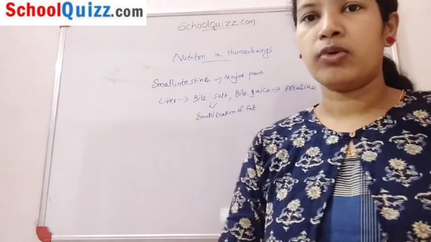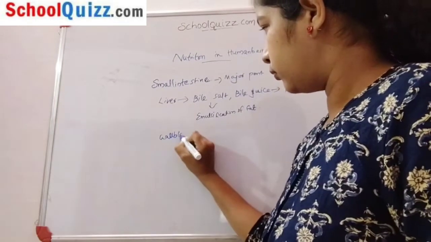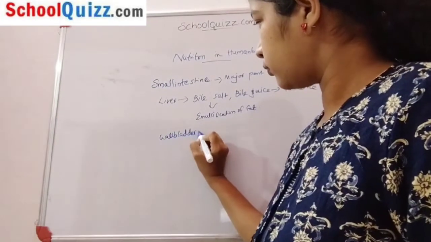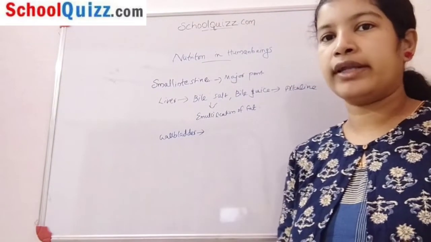Then we have the gallbladder, which stores the bile salt and bile juice.